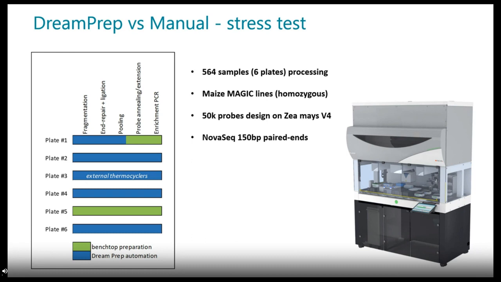But for plate 3, all the thermal cycling was carried out on other thermocyclers. So the fragmentation, ligation, enrichment step, and final PCR were carried out without using the on-deck thermocycler. And plate 5 instead was completely processed on the benchtop.